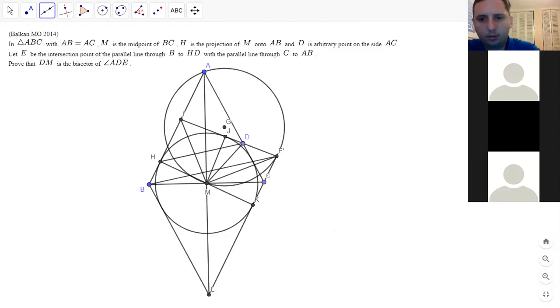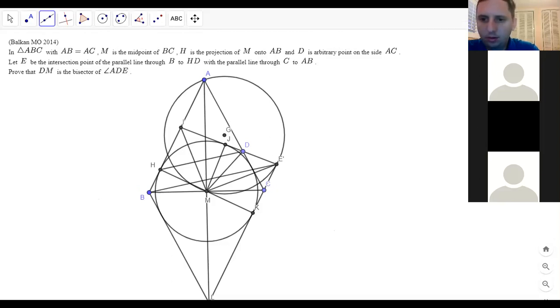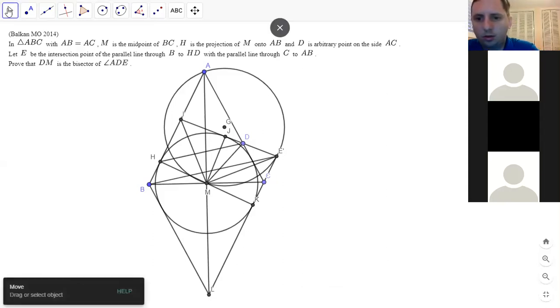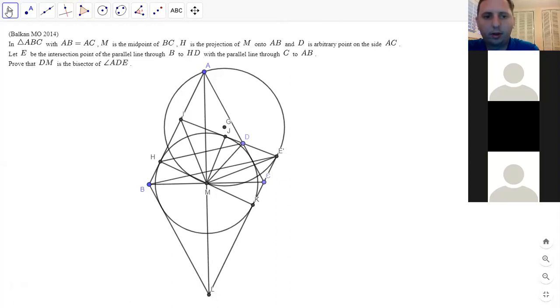It's cos DME prime, ME prime over MI, sine AIM over cosine AIM.